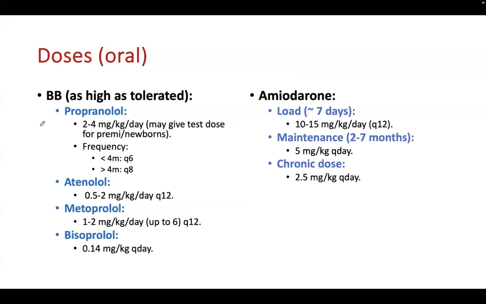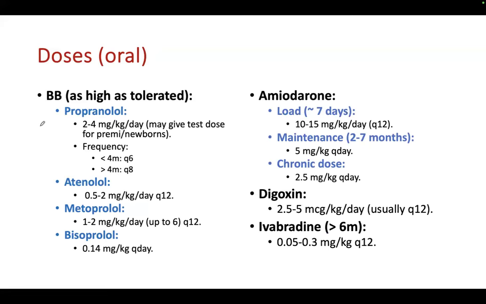Okay. We rarely use amiodarone as an oral agent for chronic use, but of course you can in certain circumstances. So people sometimes load and then give maintenance and then the chronic dose, but we rarely do that.